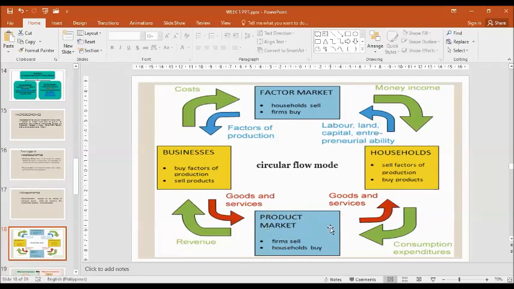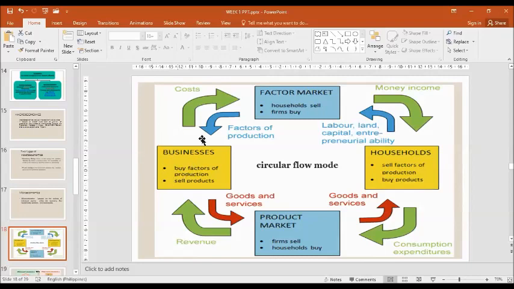So the household will purchase goods and services from the market. Since they purchase, they have consumption expenditures. They will spend, they will buy. And in return, since the household purchased goods and services, the business will gain income or revenue.